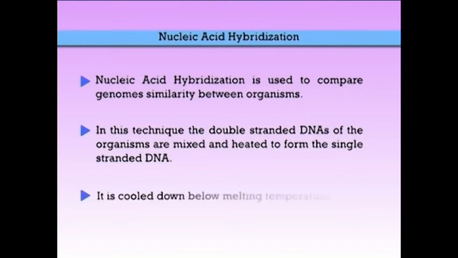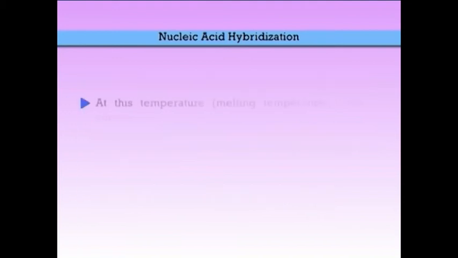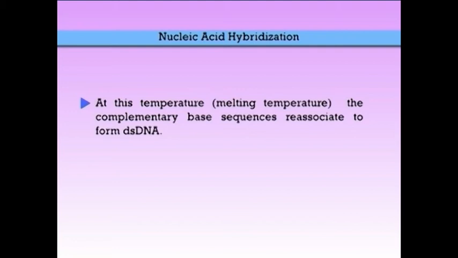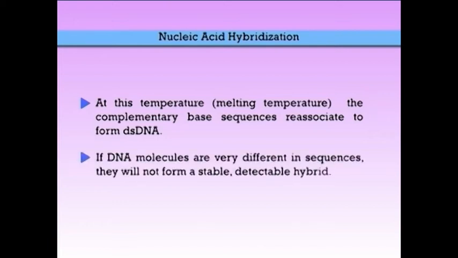Further, it is cooled down below the melting temperature. At this temperature, the complementary base sequences reassociate to form double-stranded DNA. If these DNA molecules are very different in sequence, then they will not form stable, detectable hybrids.